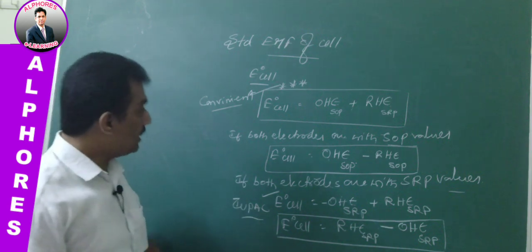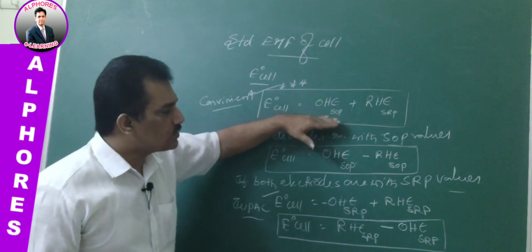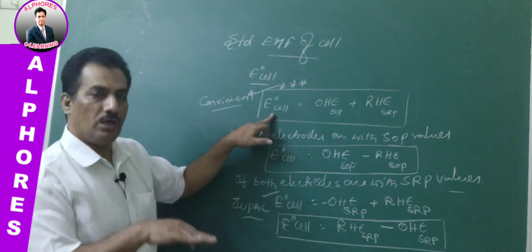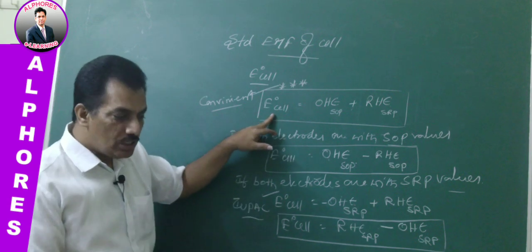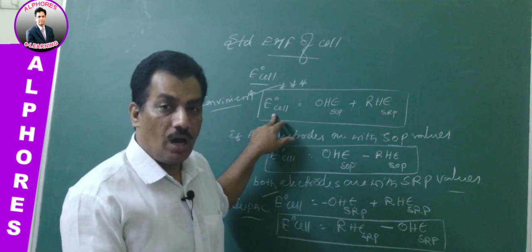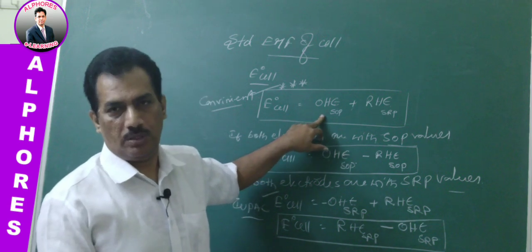Now altogether here our question is, after knowing the SOP or SRP values, the sum of these two is nothing but E naught cell. But the question is how we can measure. Already we defined what is SOP, what is SRP, no doubt at all.